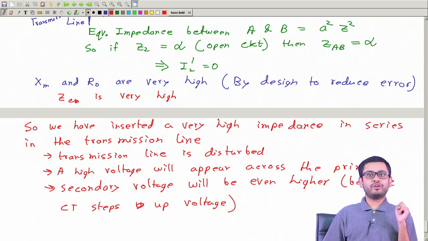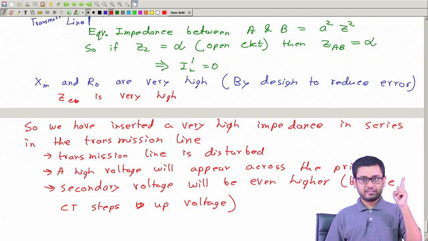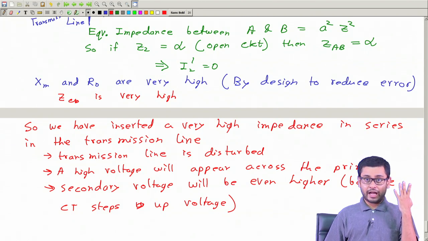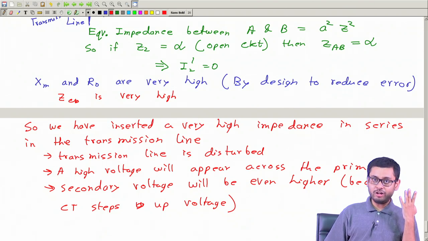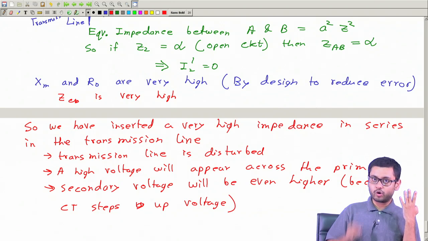So what have we learned so far about CT? Number one, phase error and ratio error. Why do they appear? Because of the no load current I0. To reduce error, we have to make the no load current small, and to make it small, we have to have high permeability material and low core loss.